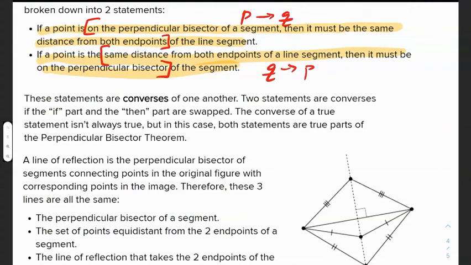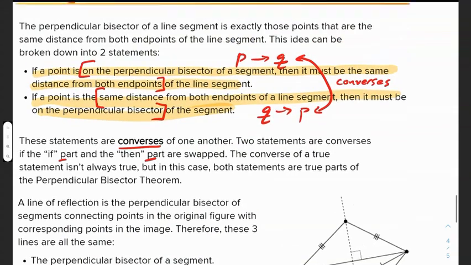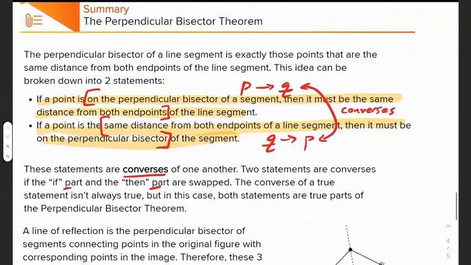So again, this is the idea of a converse. So basically, if P, then Q, the other part is swapped. Okay, so let me clean this up a little bit more. So these two right here are what we call converses. All right. So just be aware that that is the idea of the perpendicular bisector theorem.